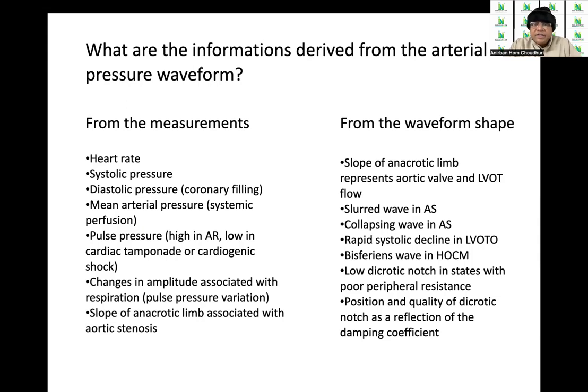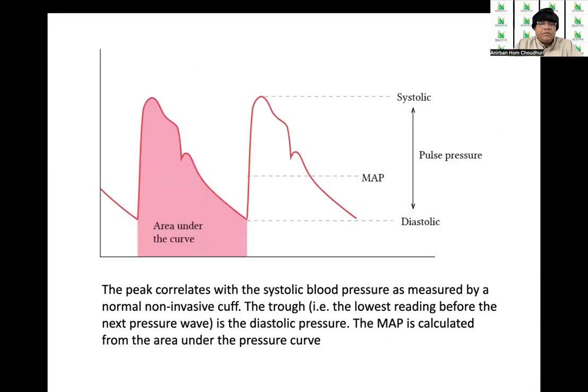Low dicrotic notch is seen in states with poor peripheral resistance, and the position and quality of the dicrotic notch also reflect the damping coefficient. So whether the line is damped and needs to be fixed can be made out from the waveform. The peak correlates with the systolic blood pressure as measured by the normal non-invasive cuff. The trough, that is the lowest reading before the next pressure, is the diastolic pressure.